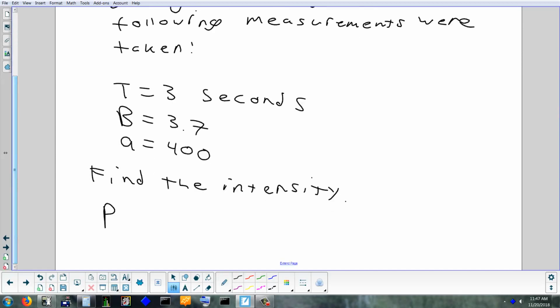Okay, so intensity equals, what's the first thing that I put down? Log, yep, it's a log function. And what that means, because it's a log function, is anyone familiar with the pH scale in chemistry?